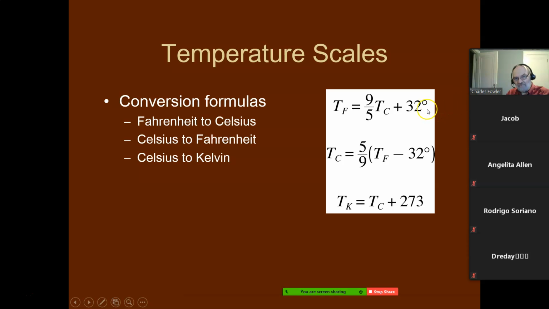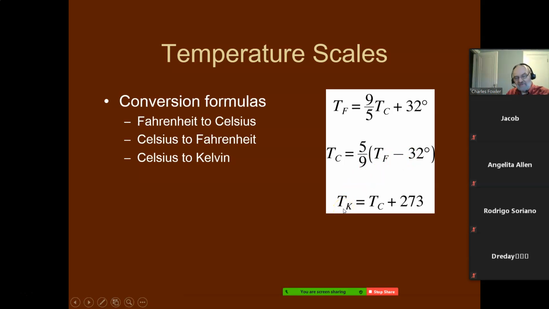Remember, this is also Fahrenheit here. And here you subtract Fahrenheit from Fahrenheit to give you how many degrees Fahrenheit you are above freezing, and then 5 degrees Celsius for every 9 degrees Fahrenheit. The Fahrenheits cancel out. You got it.